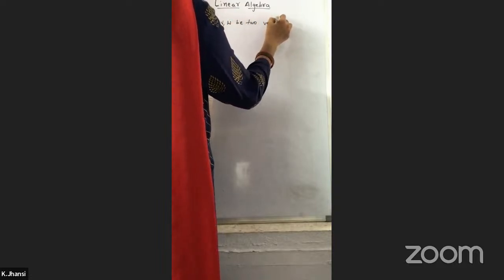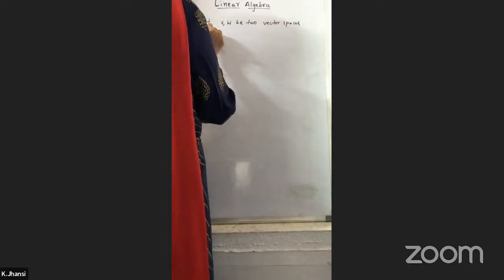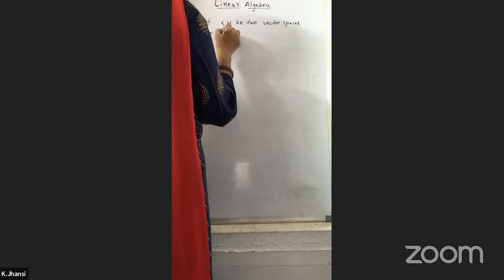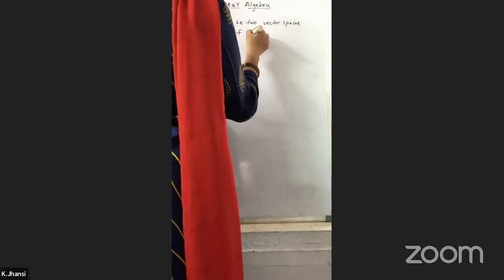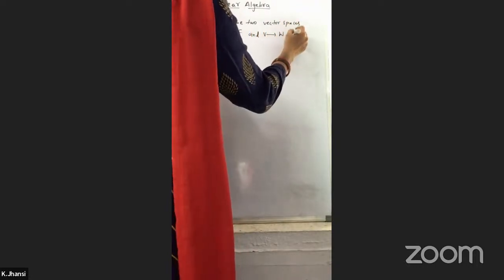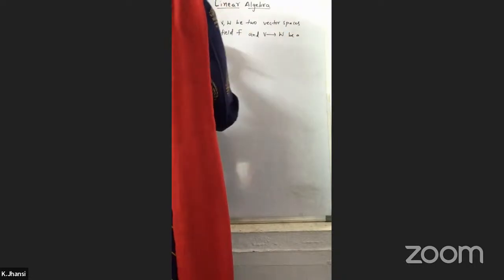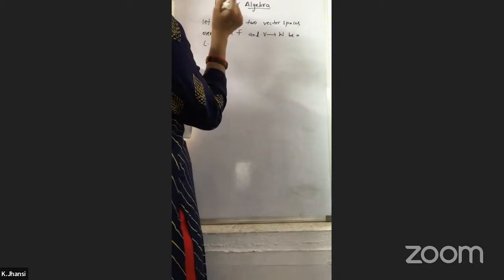So let V, W be two vector spaces over a field F, and T from V to W, that is a mapping from V to W, be a linear transformation. LT I am writing in the short form, LT is the linear transformation.